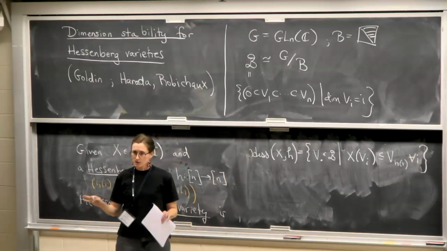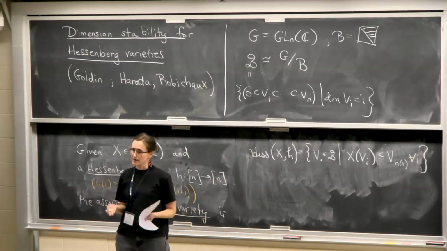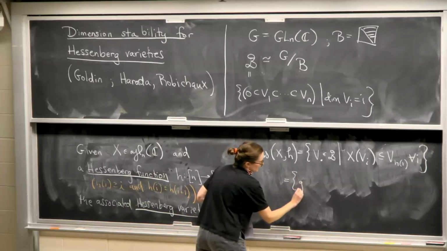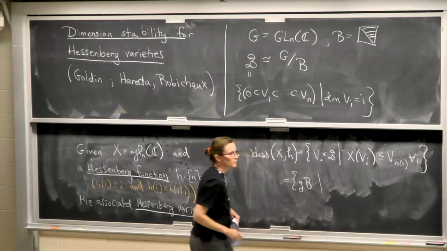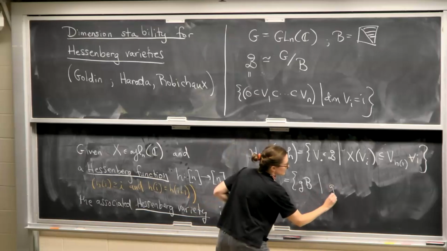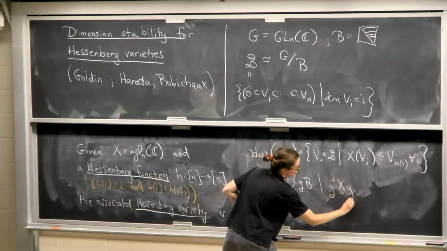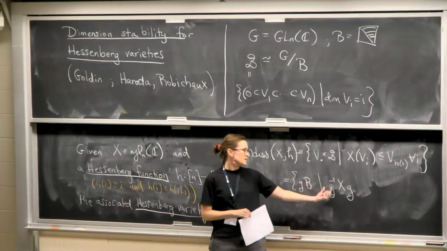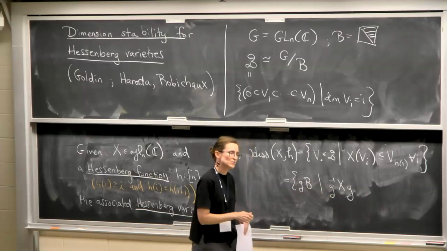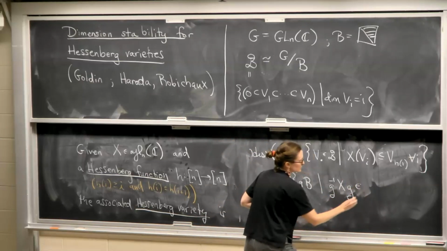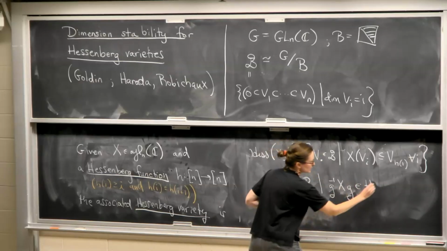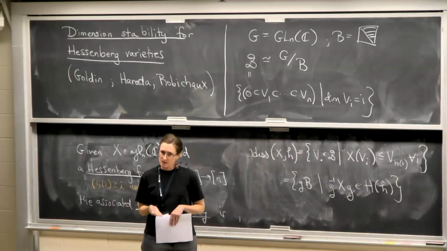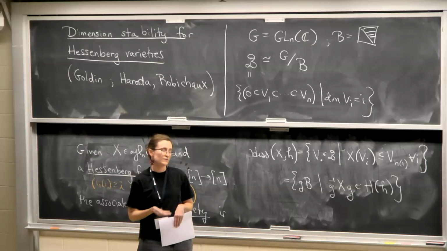Alternatively, if you like to think about cosets, which I do, and you like your flags to be represented by matrices, you can also describe this as the cosets with the property such that this matrix representative for your flag, its inverse conjugates X into a particular form. So such that G inverse XG is in the Hessenberg subspace associated to the Hessenberg function h.